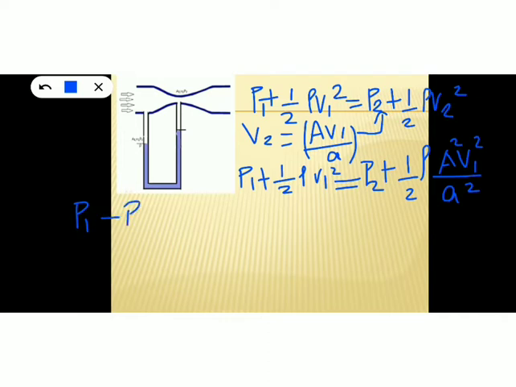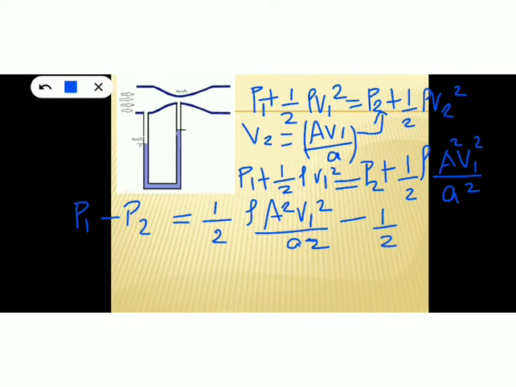So it will become P1 minus P2 equal to half rho A square V1 square by small a square minus half rho V1 square. When you look at both the terms on the RHS, half rho V1 square is a common factor.